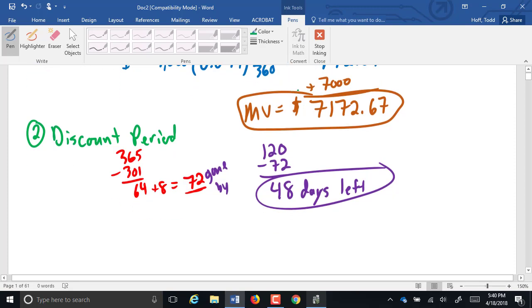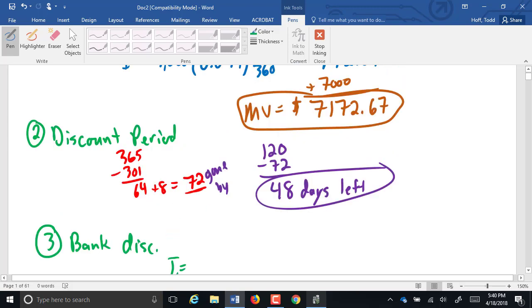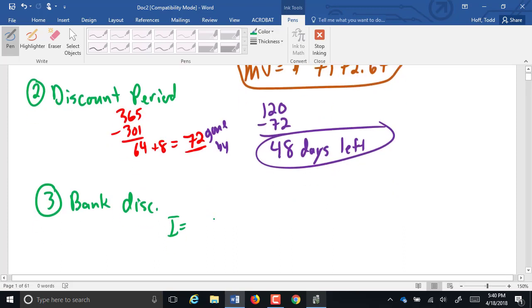Now we figure out the bank's discount. So that interest is going to be the maturity value of 7172.67 times the discount rate, which was 8.8%, so 0.088, times that 48 days over 360.